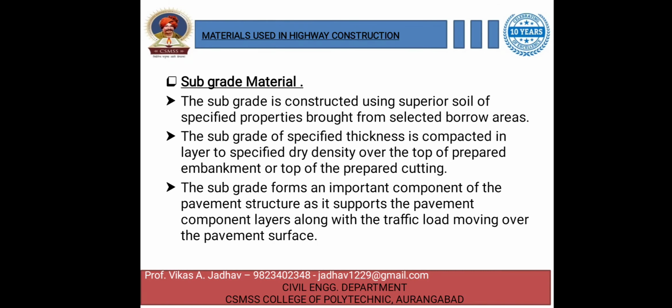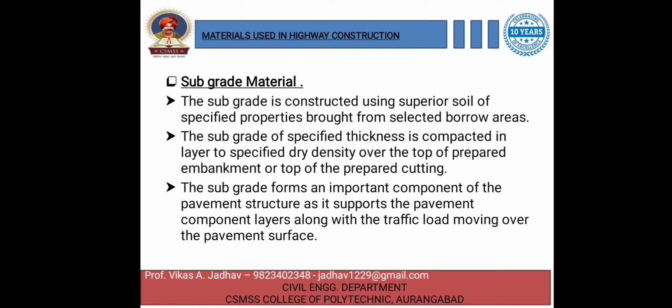Then subgrade material. The subgrade is constructed using superior soil of specified properties brought from selected borrow areas. So for construction of the subgrade, a particular material is brought from a particular area.